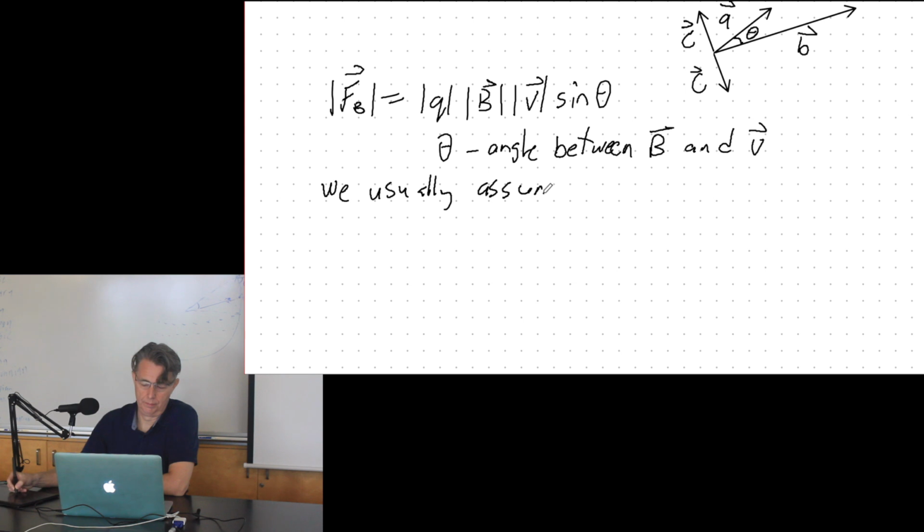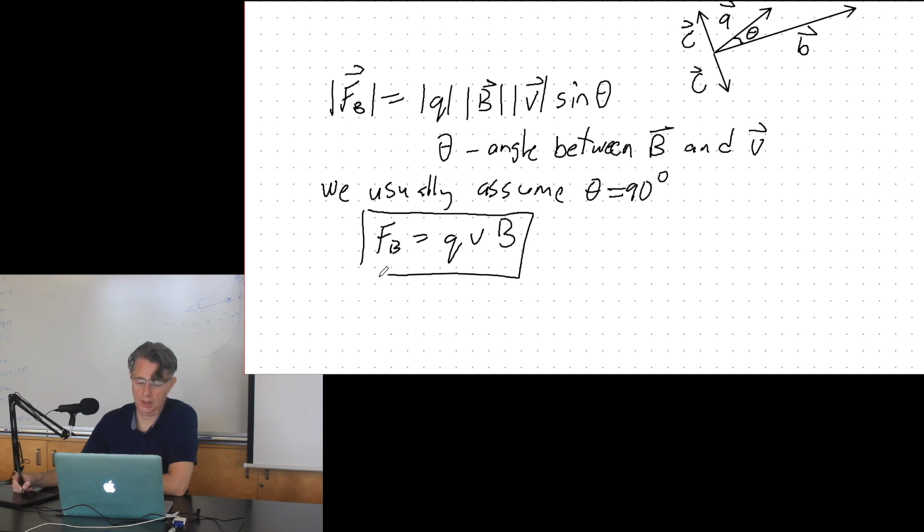In high school, if that is the case, then we often write F_B equals QVB. And then the direction of said force comes from the right-hand rule. These are assumed to be magnitudes, even though I don't write the absolute value.